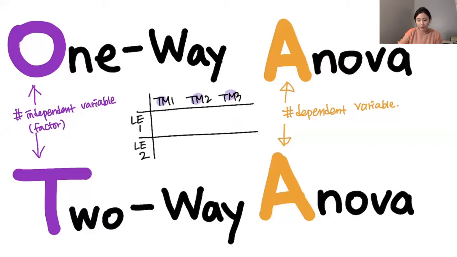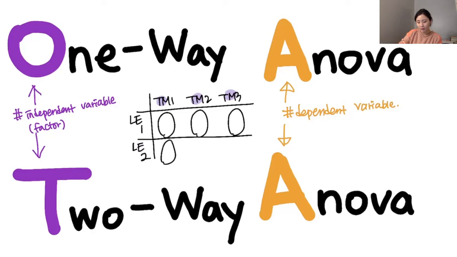We have two independent variables here, teaching method and learning environment, and we still have only test scores as the dependent variable. Because we have two independent variables, which are two factors, that is why it is two-way, and we still have only test scores, one dependent variable, that is ANOVA.